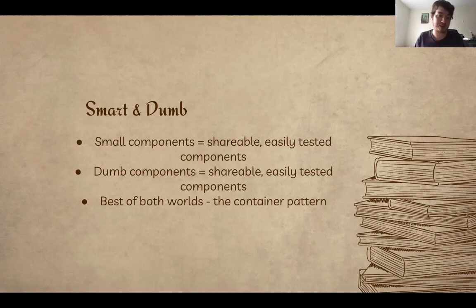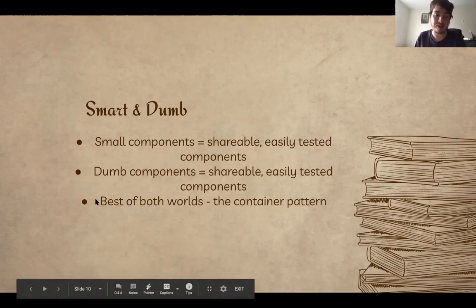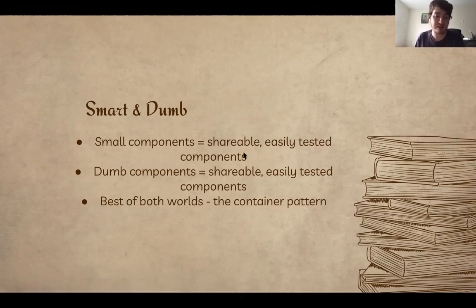So for example, let's say you've got a component that fetches some data from an API and then displays it in a table. Just off the top of your head, you'd probably say, all right, on init, load that data, store it in local state. And then you've got a table in the markup of that component that just says, for every one of those items, display a row. So that component isn't really reusable.